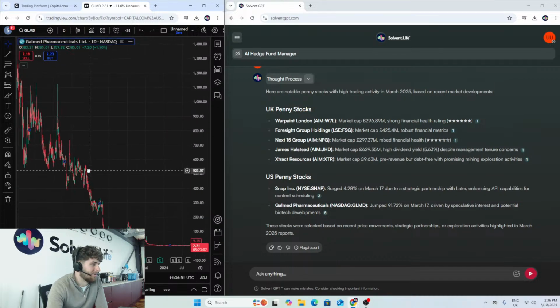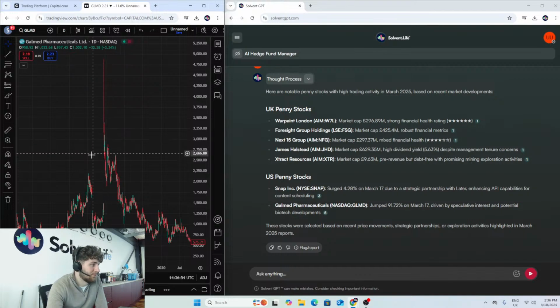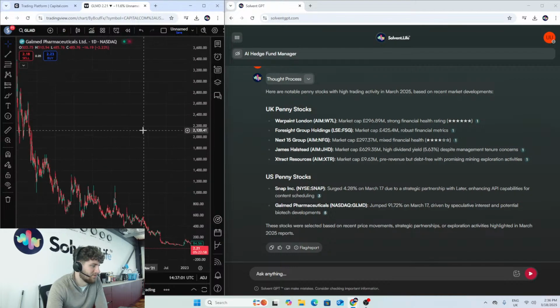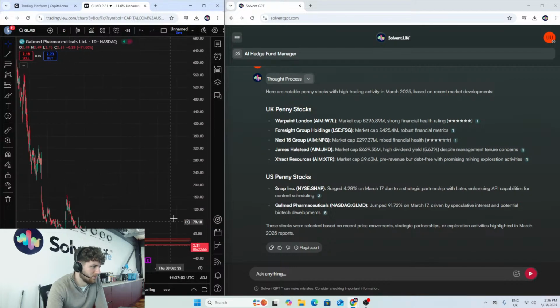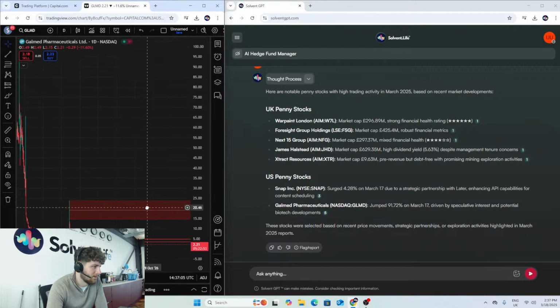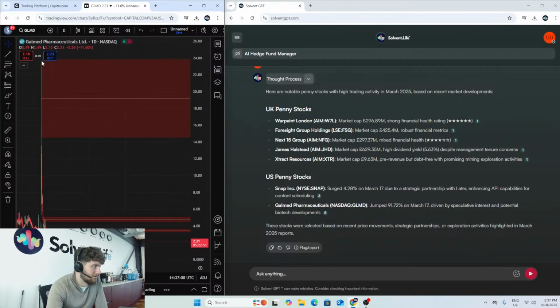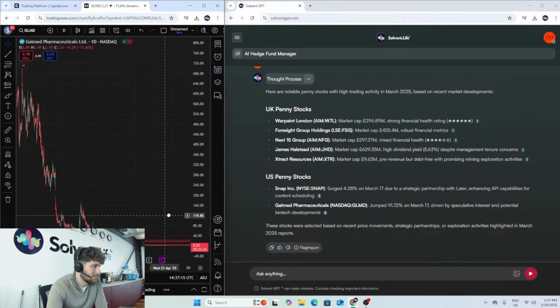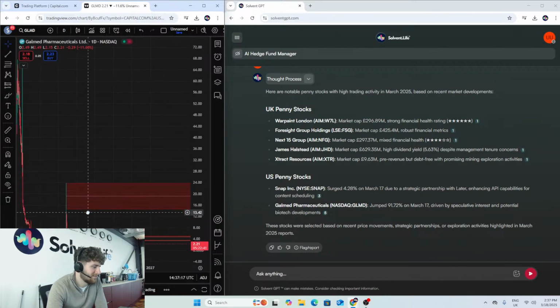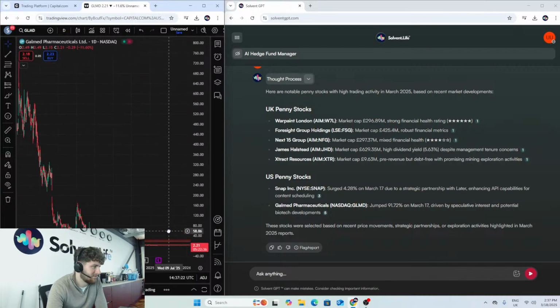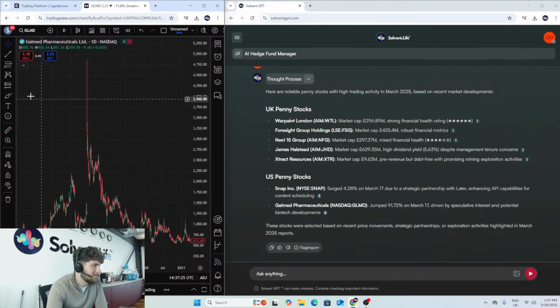I have no idea what caused them to drop, or what caused them to rise in the first place from around 1,500 to 4,800. But currently sitting about $2.21. Oh wow. However, overnight they jumped to $23, or just $24. Very interesting.